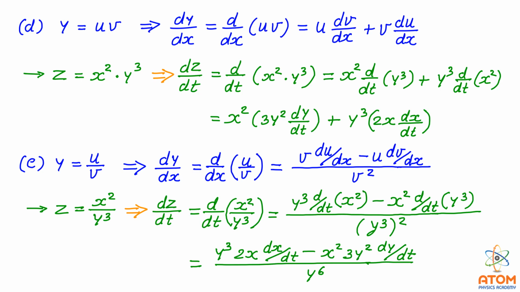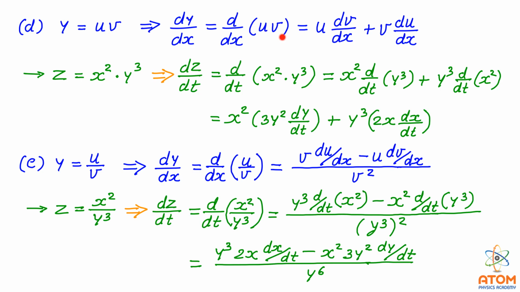If you have been given y is equal to u into v, here y, u and v all are variables. So if y is equal to u into v is given, and we want to take differentiation of y with respect to x, mind well that we need to differentiate this u into v with respect to x. So obviously dy by dx can be written as d by dx of u into v.